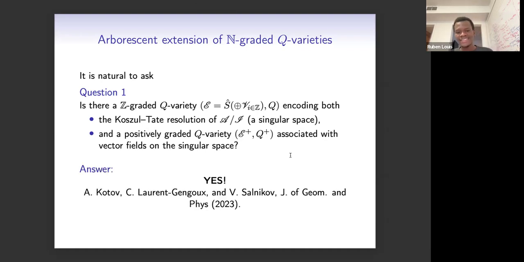The answer is yes, and this is a result of Kotov, Lowajango, and Sanikov. So we can always find an extension of the causal Tate solution and the positive graded Q variety into a Z graded one. But this answer doesn't really tell you how explicit it is, how to construct it directly.